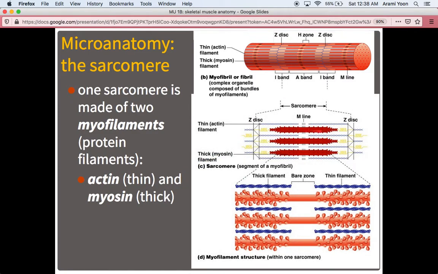Here is the myosin shown in red, and here is the actin shown in blue. Once again, here's the myosin shown in red, and here's the actin shown in blue. And remember that they're bound by the Z discs, which form the boundaries of one sarcomere.